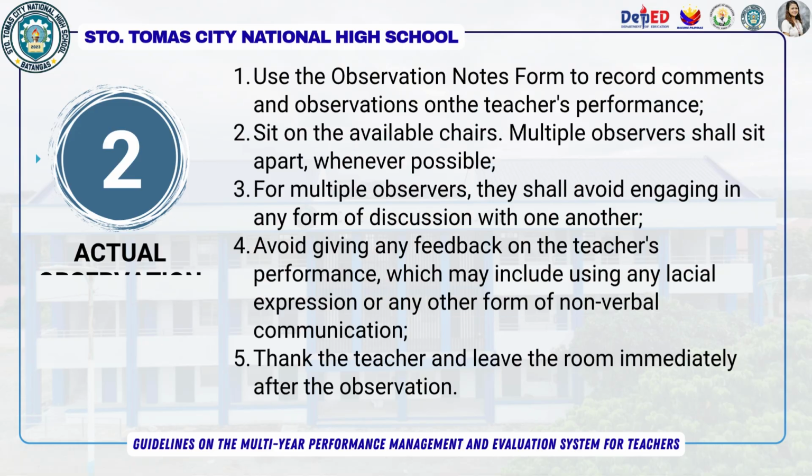The observer must avoid giving any feedback, including nonverbal cues like facial expressions during the observation. Why? To maintain objectivity and to avoid disrupting the teacher's flow or the classroom environment. The rater should thank the teacher and leave the room immediately after the observation. The rating and feedback belong in the post-observation phase.